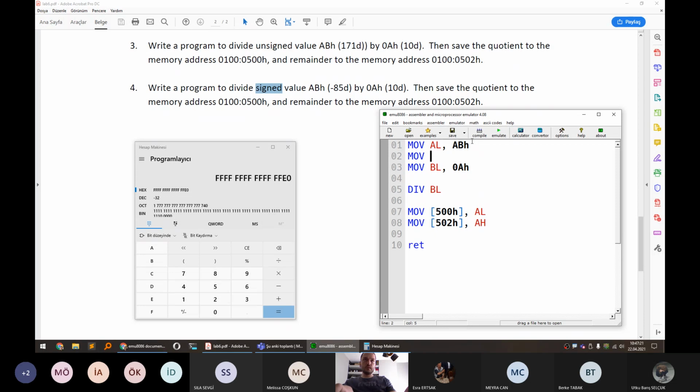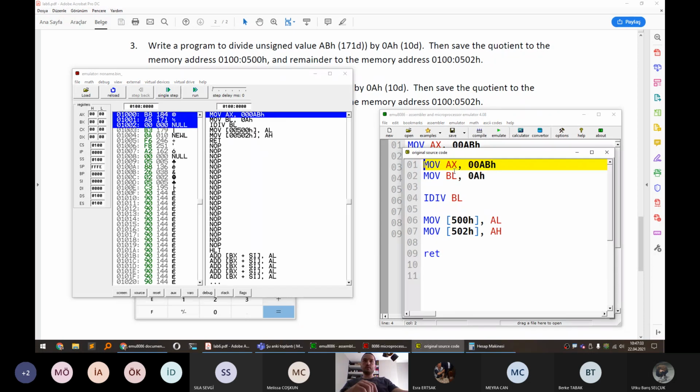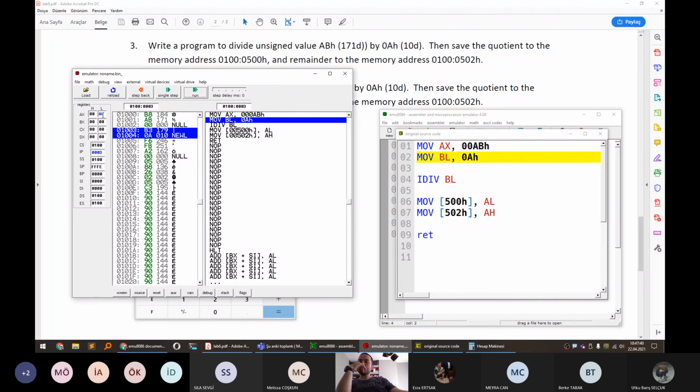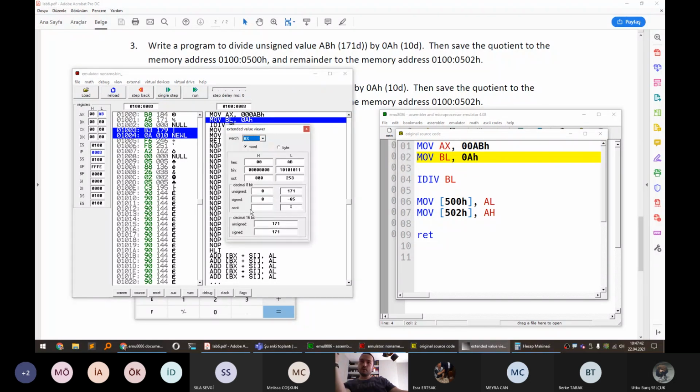Let's not change anything. This was the previous example. I'm going to just change to IDIV and see if it is calculating correctly or not. We put AB into AX, and I'm going to look at the signed value of AX.